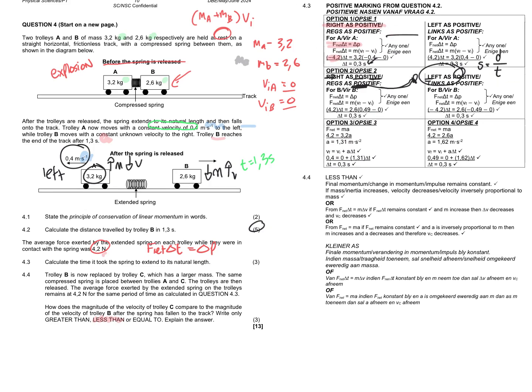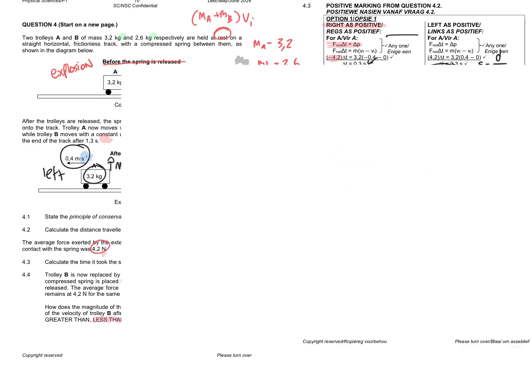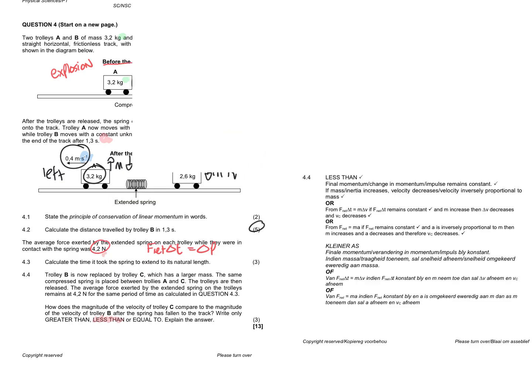So how we argue physics things always is we need to use a formula. So the formula would be the fat formula. So we can use this one. And this one, the F net is exactly the same. It's 4.2 still. The time, they said it's for the same period of time.